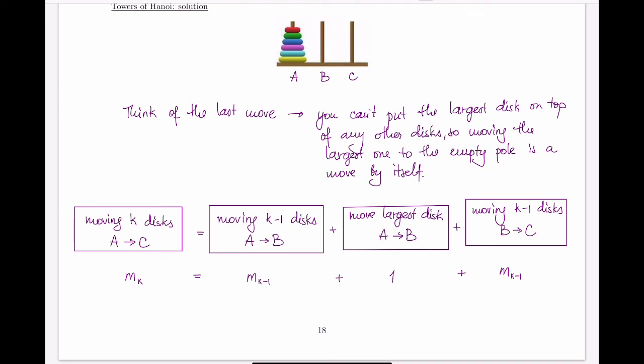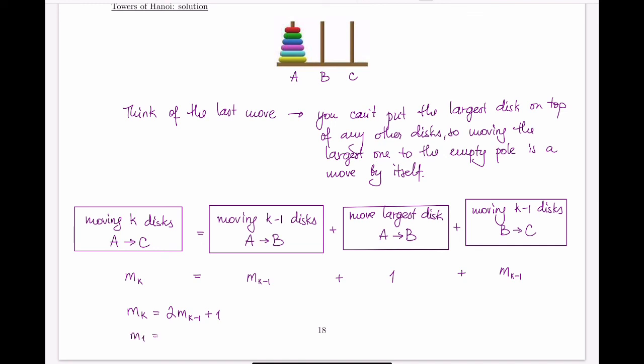Okay, and so now what do we have? M sub K is M sub K-1 plus 1 plus M sub K-1. Well, I can actually see that two of them are similar terms. So M sub K is 2 times M sub K-1 plus 1. And that is my recursion. Except, as before, I'm not done quite yet. I need an initial condition.